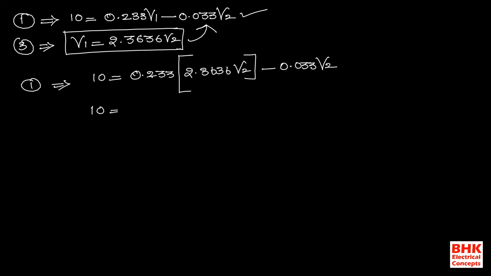Now 10 is equal to, so 0.233 into 2.3636 will give the value as 0.5507 into V2 minus 0.033 into V2. Now from 0.5507 V2, I am subtracting 0.033. Now that is 0.5507 minus 0.033.